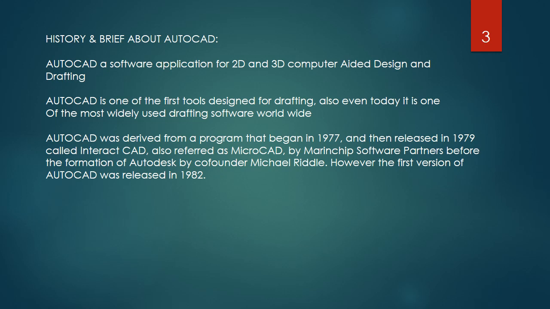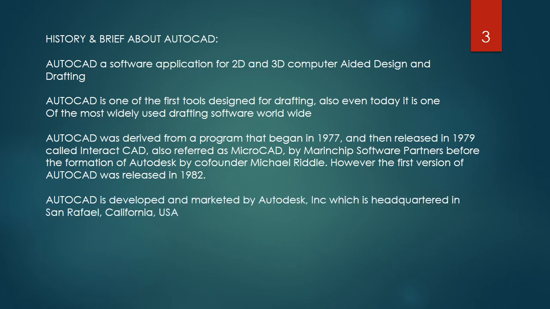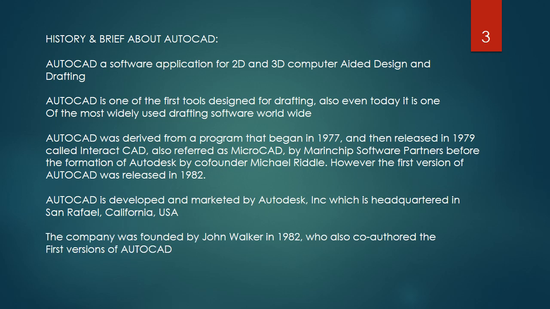However, the first version of AutoCAD was released in 1982. AutoCAD is developed and marketed by Autodesk Inc., which is headquartered in San Rafael, California, USA. The company was founded by John Walker in 1982, who also co-authored the first versions of AutoCAD.